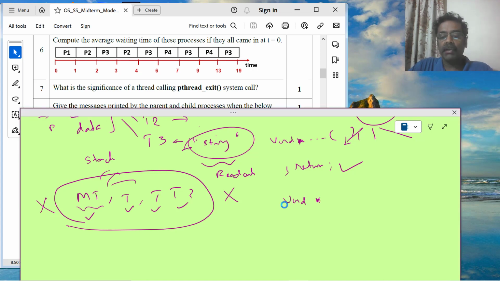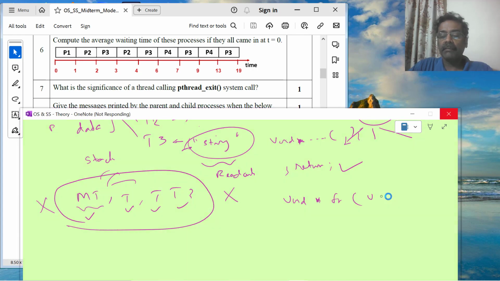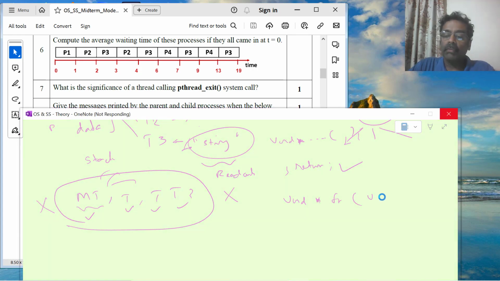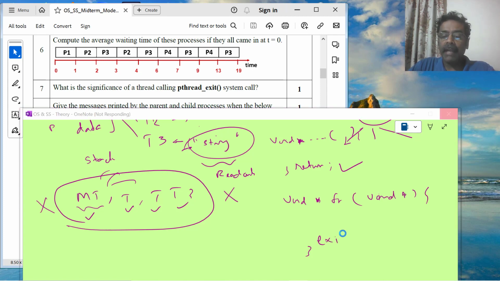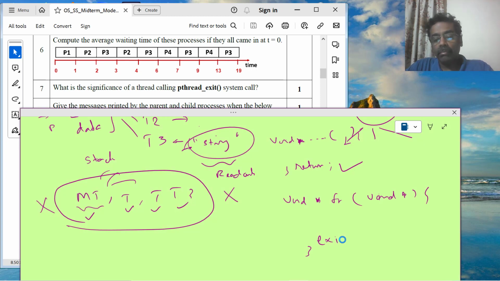Take a function void star some function, a thread function. What if I execute an exit function call with some parameter? This exit is not a thread function call, it's an OS system call, nothing to do with the thread. pthread exit is different from exit.